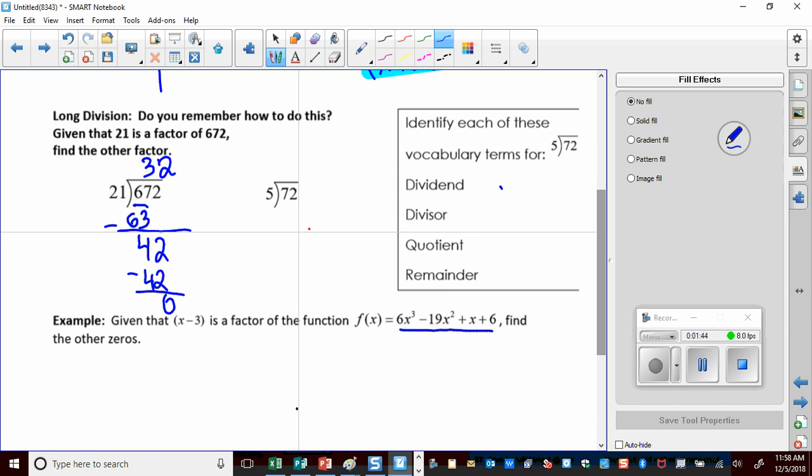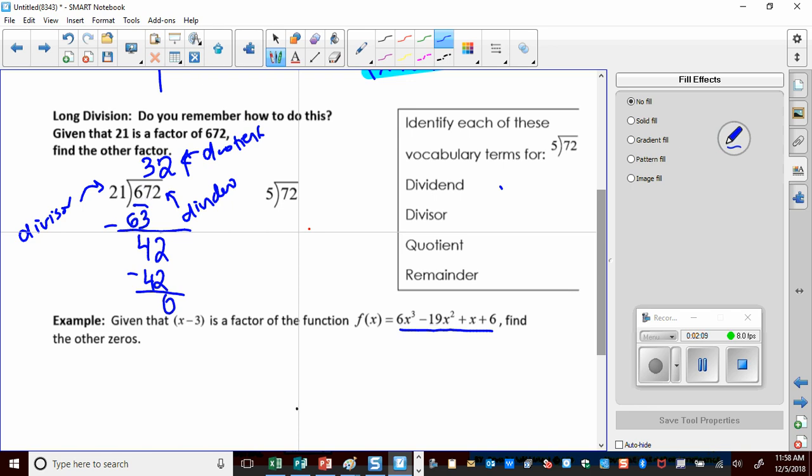It's a perfect number to end up with. It's a perfect quotient. Okay? So here, this is called a divisor. This is a dividend. And this is a quotient. This is the quotient of those two numbers.